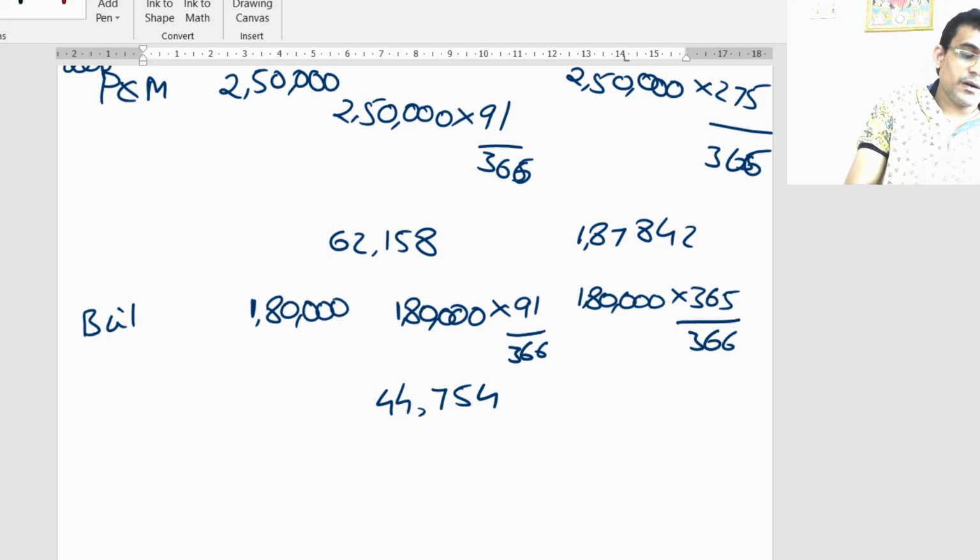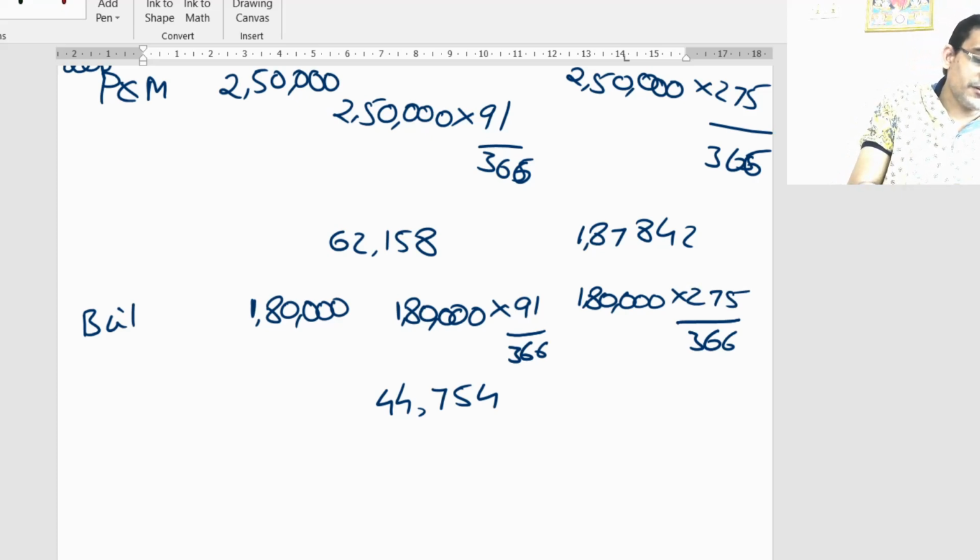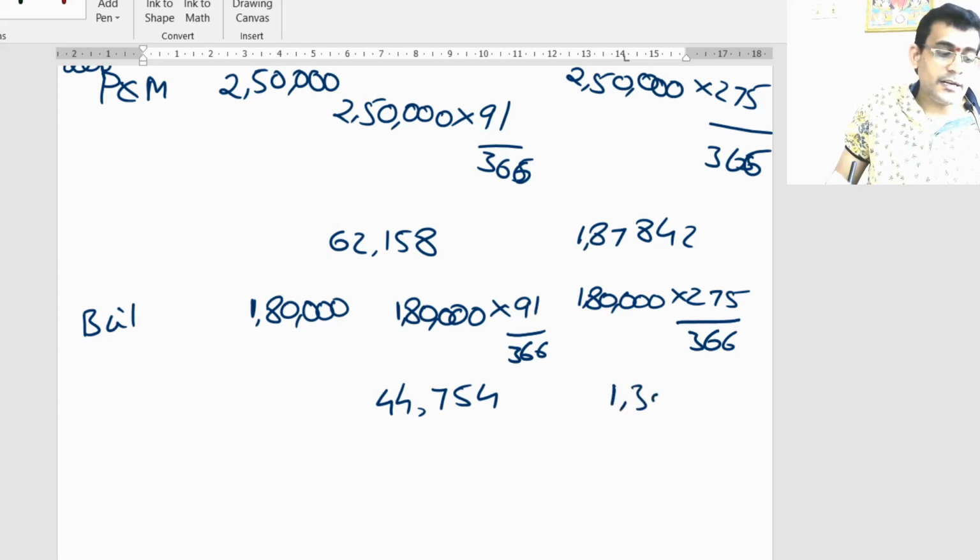Now coming to the other part, 1,80,000 here, 275. This is 275 because the asset is used 275 days, into 275 divided by 366. So into 275 divided by 366, you are getting 1,35,246.